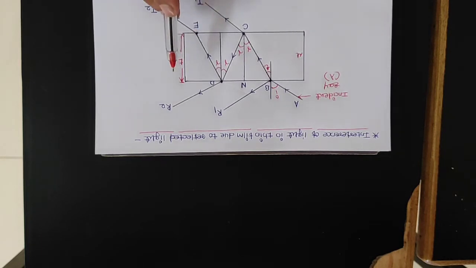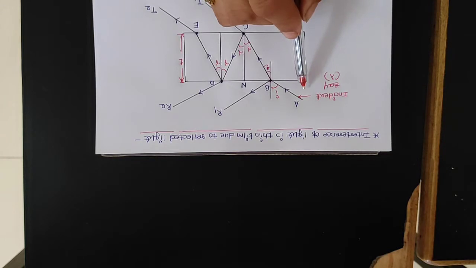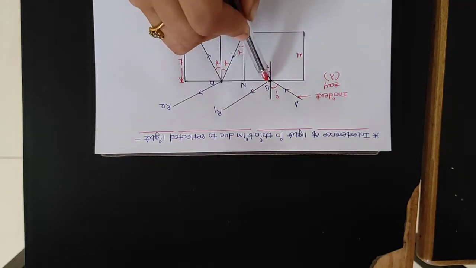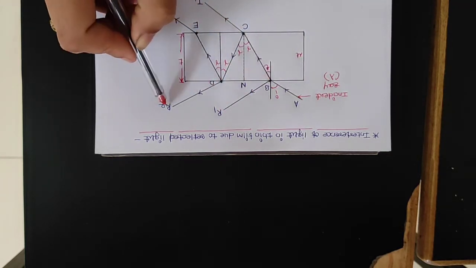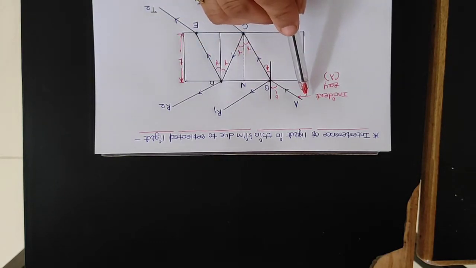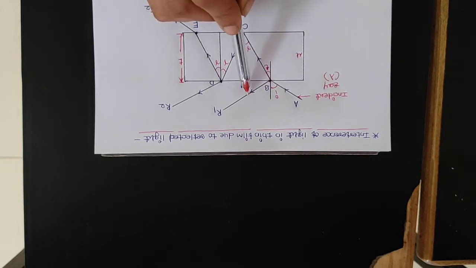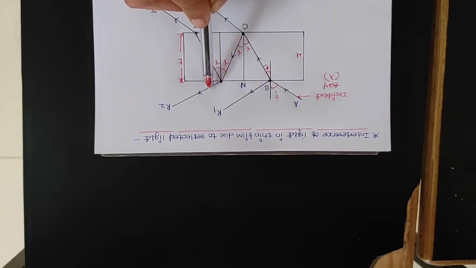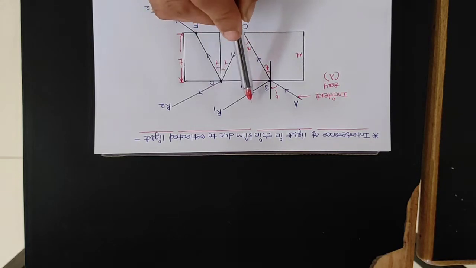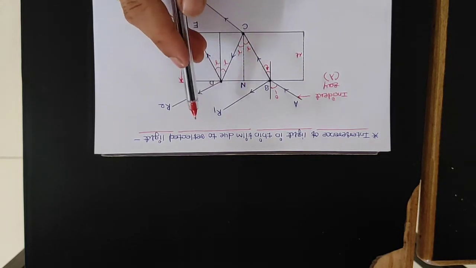Now for a thin film, waves travelling along BR1 and DR2 are both derived from the same incident ray AB, and hence both the rays are coherent and hence they interfere constructively or destructively.